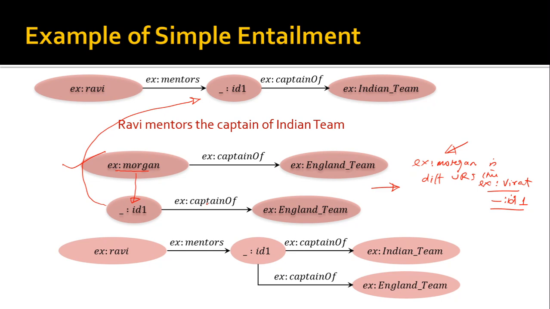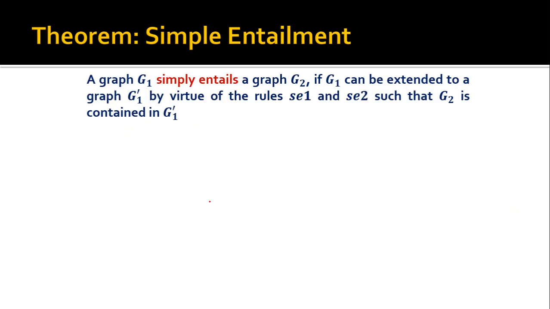So you see why this novelty condition and reuse or constrained reuse of an ID is useful while we are doing entailment in RDF data, right? So this is not allowed here.